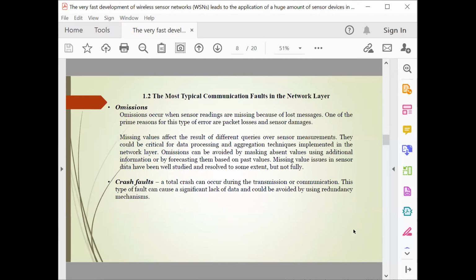Crash can occur during the transmission or communication.